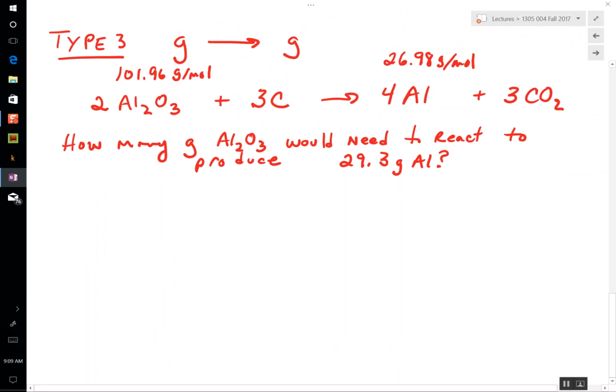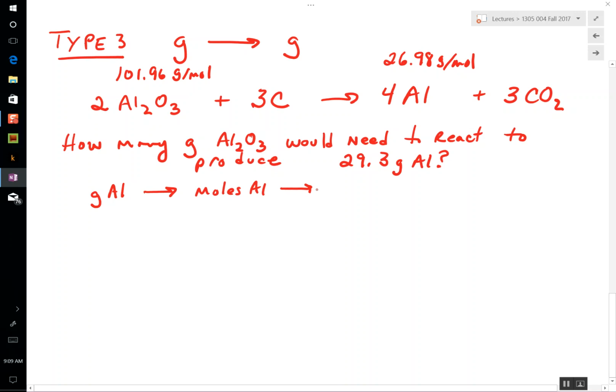We've got our molar masses. Here's the road map. We're going to go from grams of aluminum. We're going to convert that into moles of aluminum. But why am I starting with grams of aluminum? Starting from grams of aluminum because that's what I'm given. I want to produce 29.3 grams of aluminum.